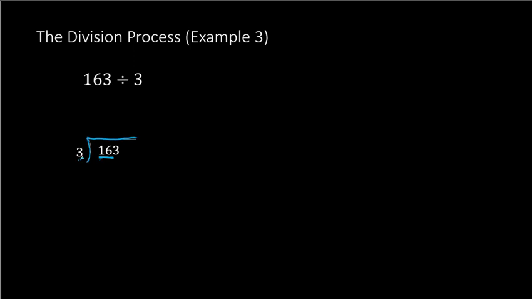Or how many times does 3 go into 16 without going over? Well, that's going to be 5. So if you put a 5 up here, we would now take the 5 and then multiply. Step 1 was divide, step 2 is multiply, 5 times 3 is 15. Step 3 is subtract, 16 minus 15 is 1.